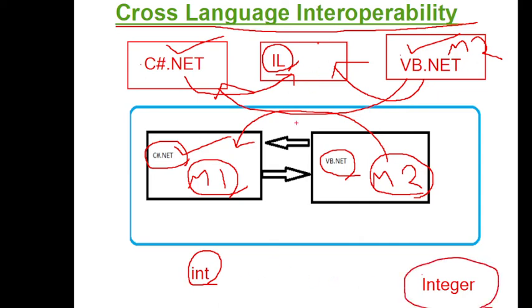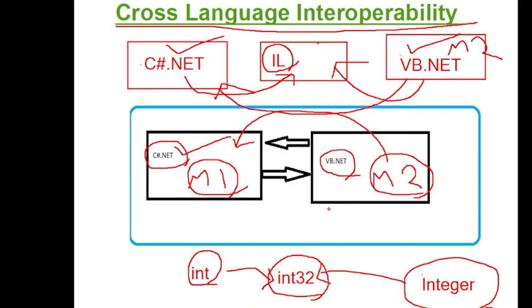As I told, there is an intermediate language that converts the C#.NET int and the VB.NET Integer into Int32. So the syntax of int is converted to Int32, and the syntax of Integer is also converted to Int32 in the intermediate language. Now both the types are the same.